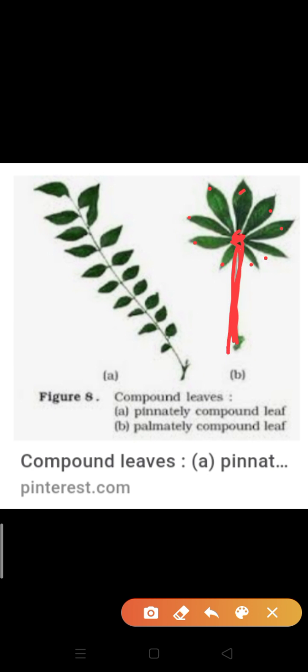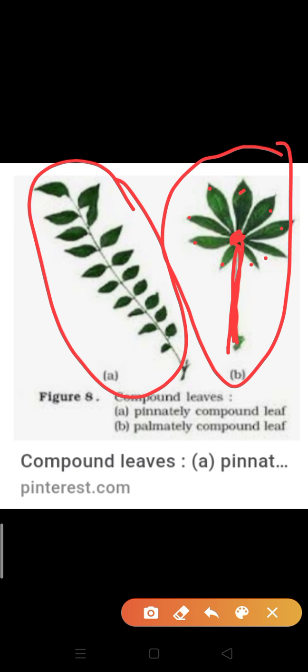In this case, rachis is absent, but in pinnately compound leaf, rachis is present.